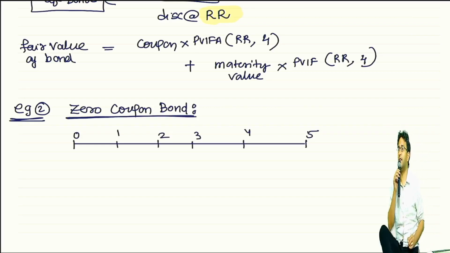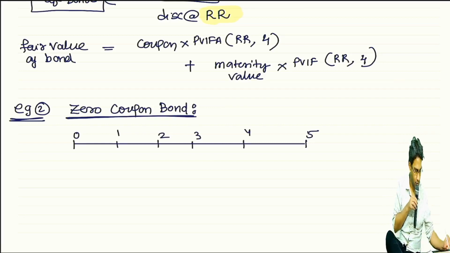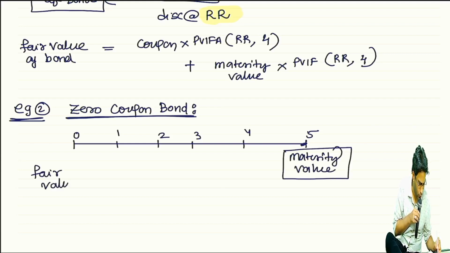Sir, for the next 5 years, what will I get? Nothing. Then at the 5th year ending, what will I get? You will get directly the maturity value. I want to know what is the fair value of the bond today.